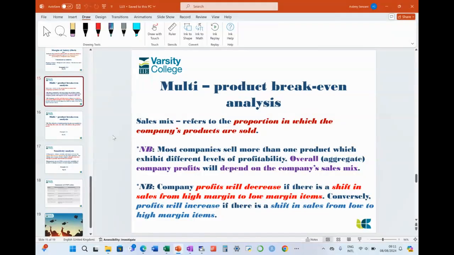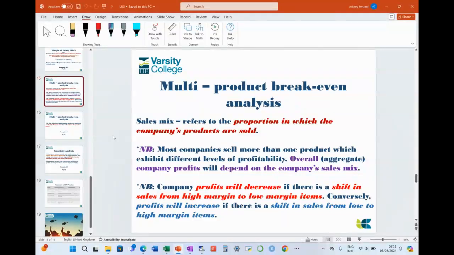Here we're focusing on a manufacturing company, but obviously you can also consider the same for a service orientated business. If we are offering different services or different products, we're obviously not selling them in the same amount or same volumes.